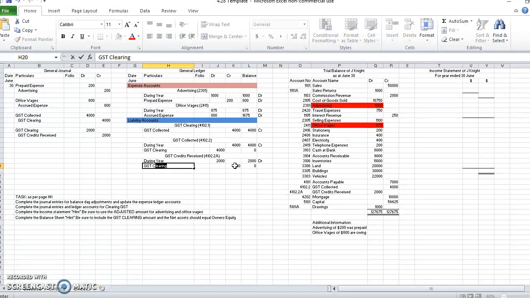And closing it to GST clearing, same as our journal entry. So GST clearing will be debited for $2,000. We'll take our old credit amount minus any debits, and we'll get our remaining credit balance. And the other account is GST credits received.